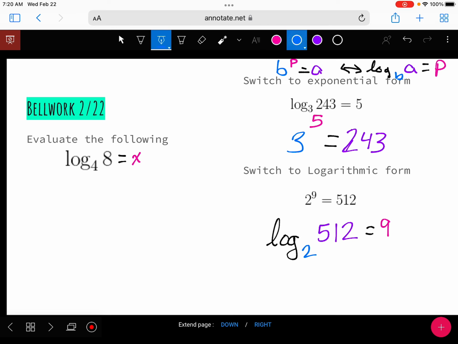So we're going to take our base, which is 4. Our power is going to be that X. So we want to know 4 to the what equals our argument of 8.